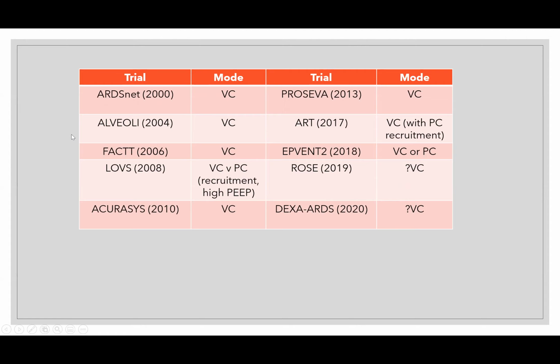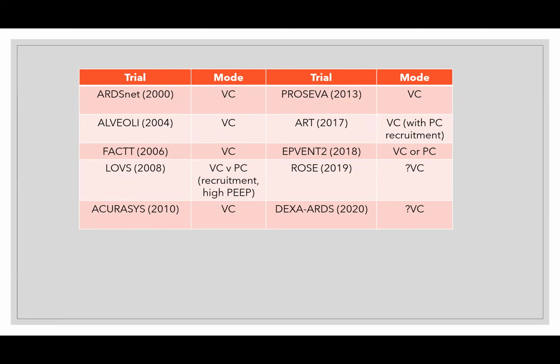The ALVEOLI trial, which established those high and low PEEP studies in 2004, used volume control. The FACT trial, which compared conservative versus liberal fluid management, so high versus low CVP, used volume control. The LOVS trial, which was done out of Hamilton, used volume control, but they also had pressure control for the recruitment maneuver arm.